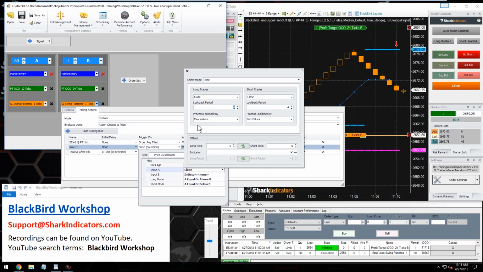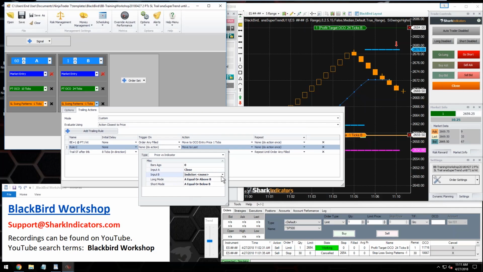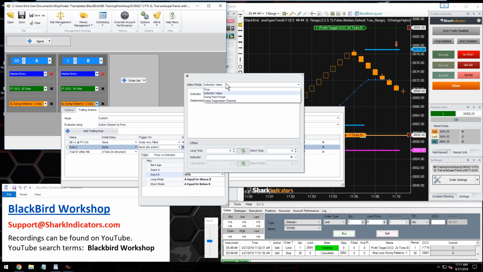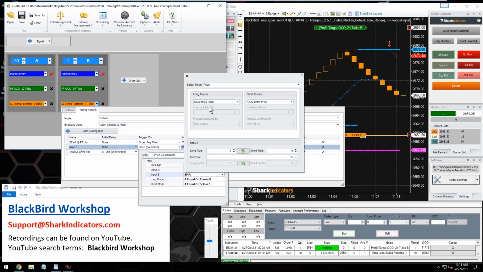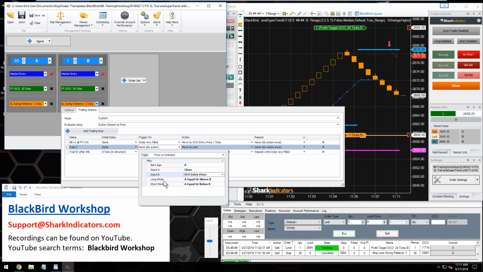And then let's compare that to price again, and we'll compare that to the entry price. I guess we'll just use the OCO entry price. So for a long trade, if A is below B, that's the condition that you're looking for.